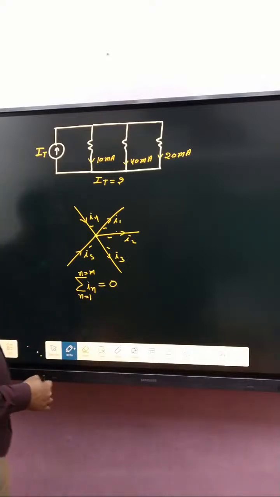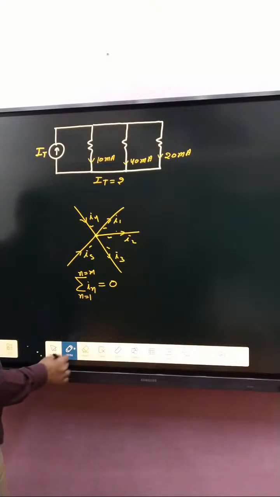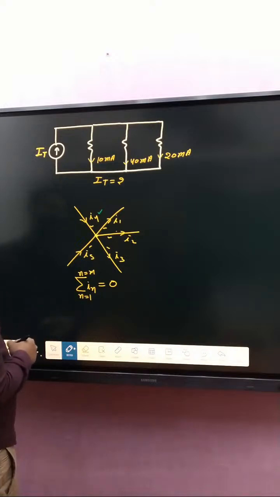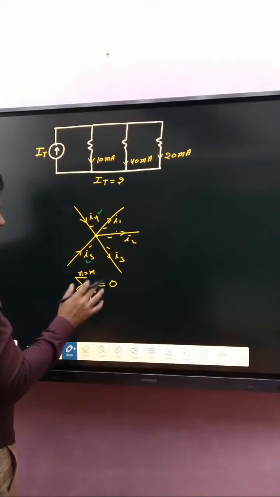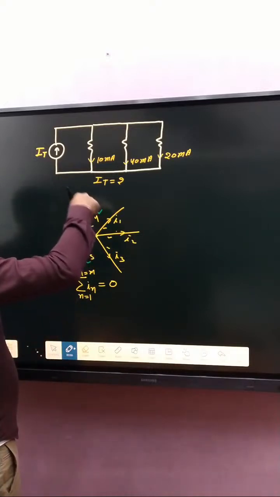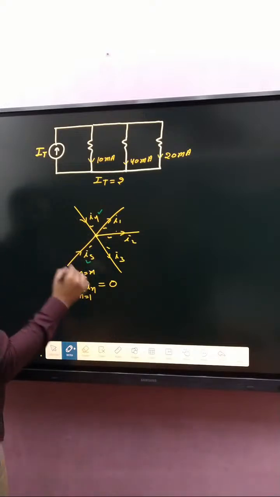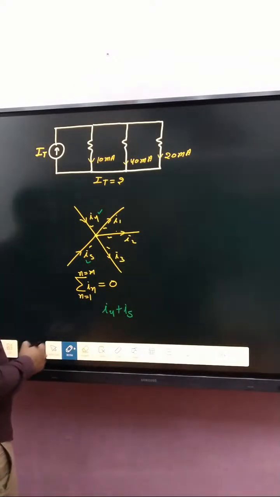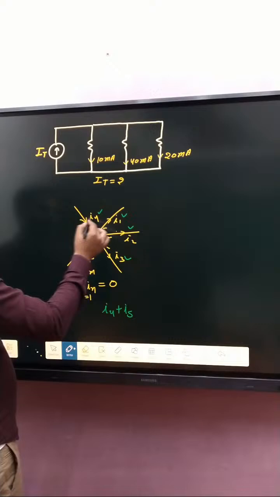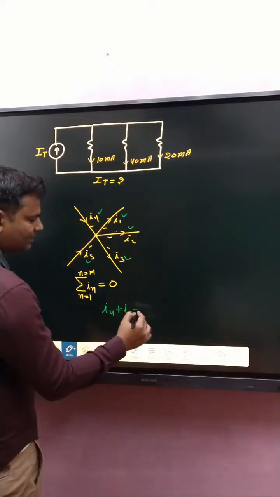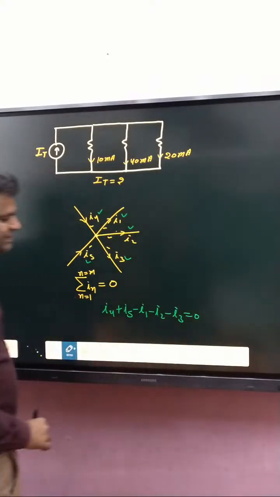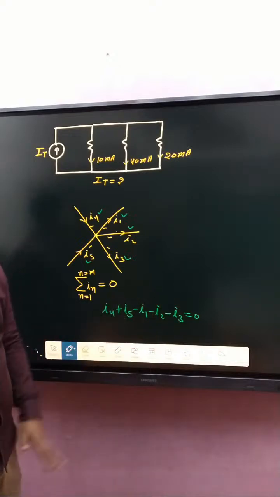Or in another way, you can say incoming current, if we suppose that was the positive direction, is positive. Incoming current means the current coming to the node. So I4 plus I5. Now the other currents' directions are opposite, so minus I1 minus I2 minus I3, that is 0. The sum of these 5 currents is equal to 0.